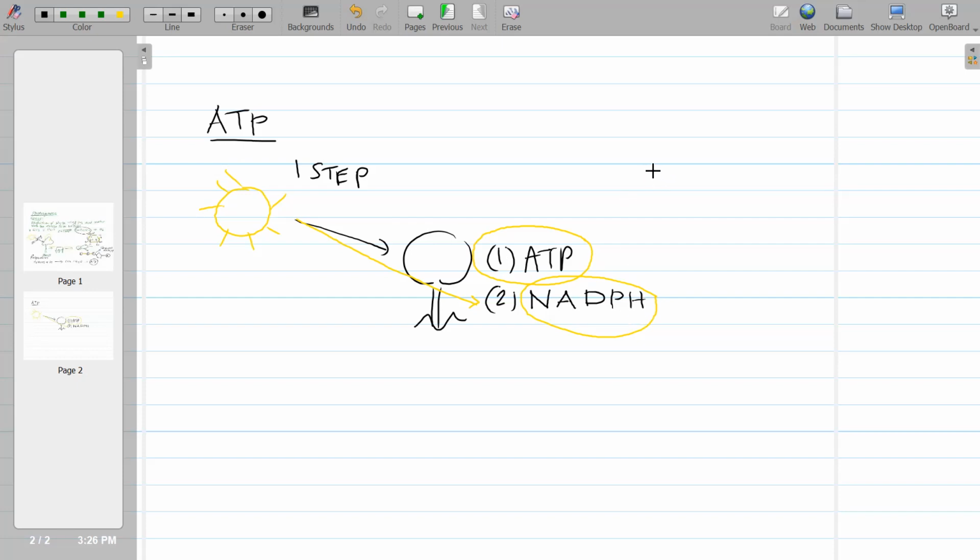After that, in the second step, with the help of these two molecules, carbon dioxide is used to produce glucose.